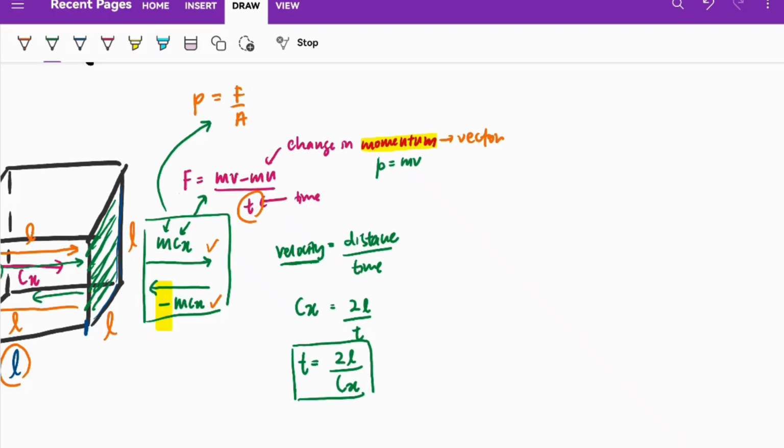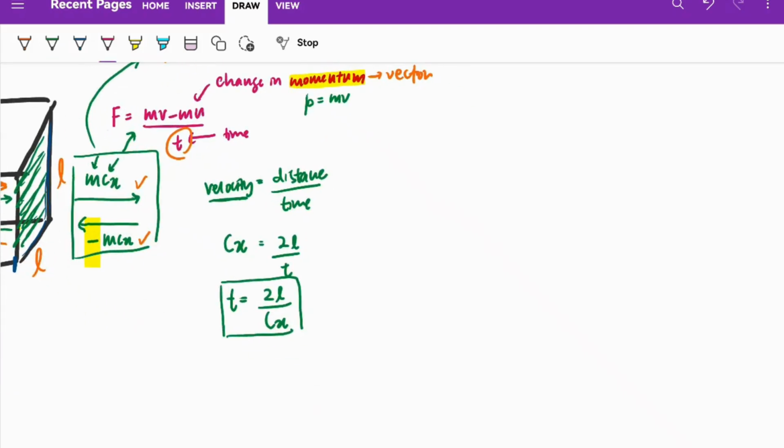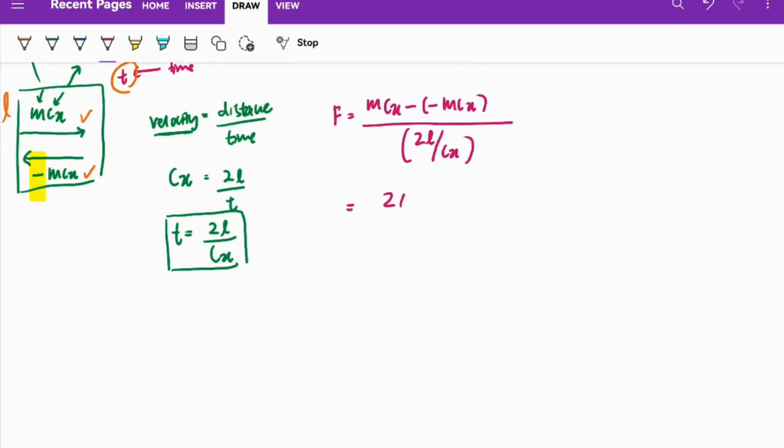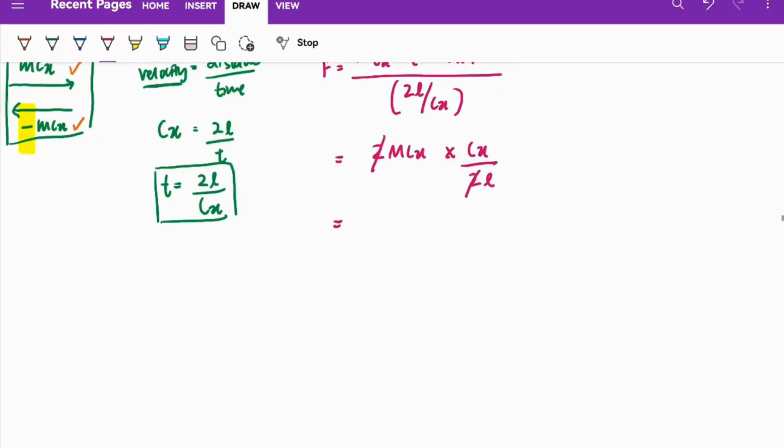So our force will now be equivalent to mcx minus negative mcx, over the time, which is 2L over cx. Okay, so we do the math. You can cancel this. We get mcx squared over L. So we got our force.